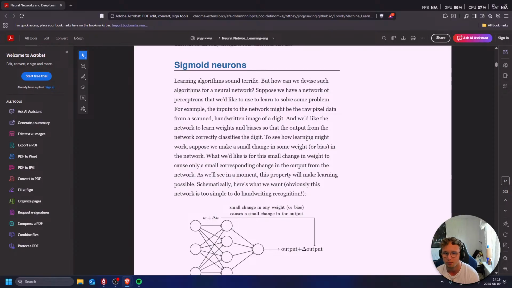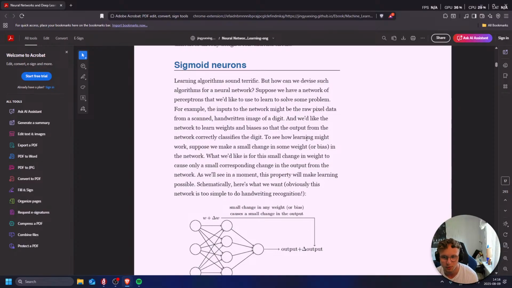To see how learning might work, suppose we make a small change in some weight or bias in the network. What we would like is for this small change in weight to cause only a small corresponding change in the output from the network. As we will see in a moment, this property will make learning possible.